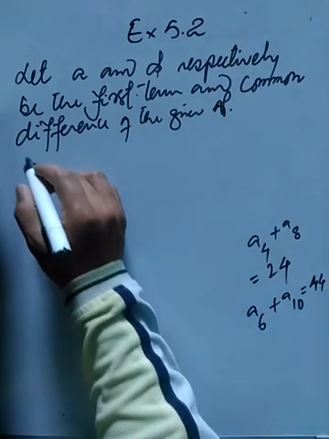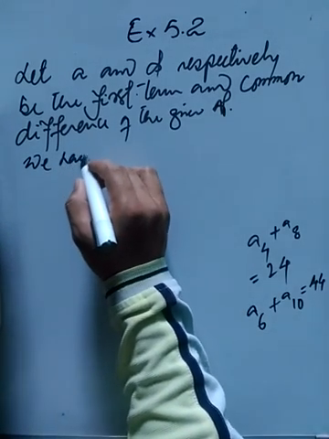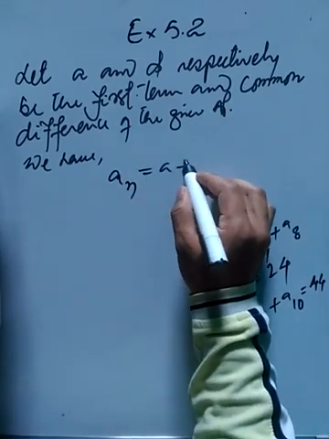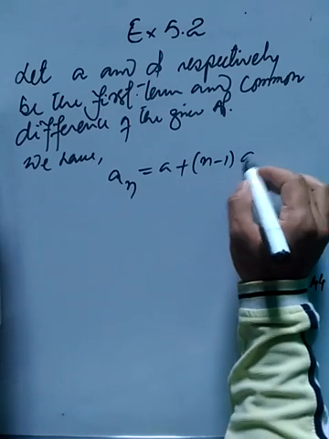Okay, so we can write the formula separately in this way: an is equal to a plus n minus 1 whole d.